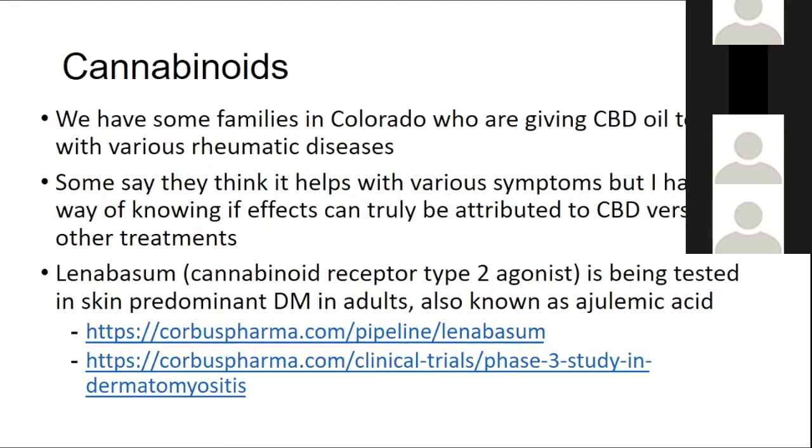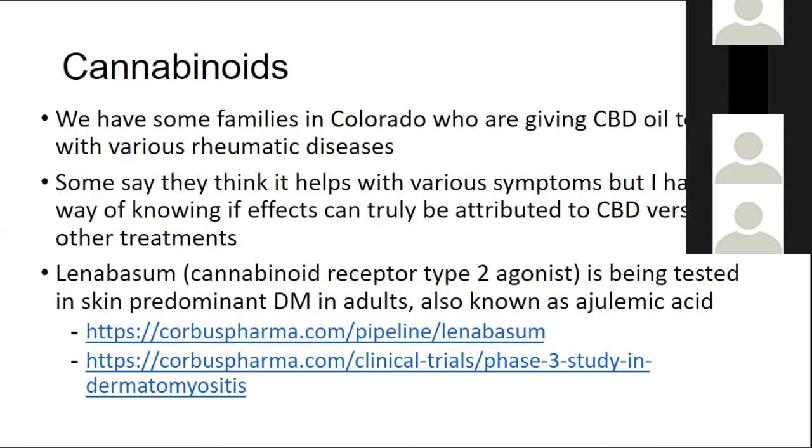So CBD, cannabidiol, comes from the marijuana plant, but it doesn't have psychoactive properties. And I do have some families who are giving CBD oil to their children and say that their children with various rheumatic diseases seem to be better in terms of inflammation or pain, but it's really hard for me to know if these effects can be truly attributed to the CBD or the other treatments that they're getting.